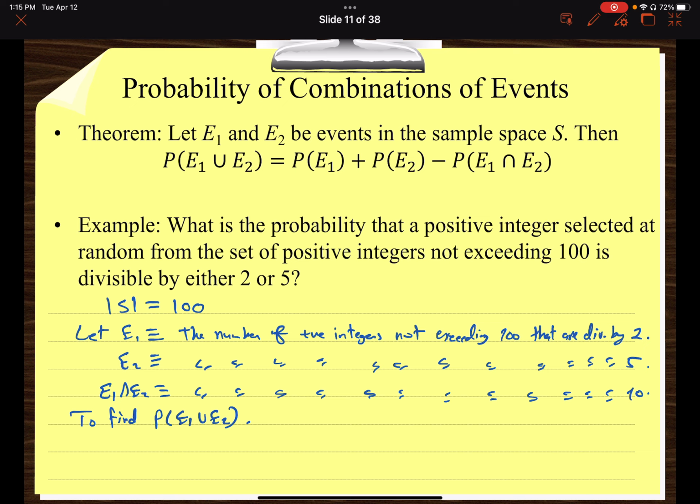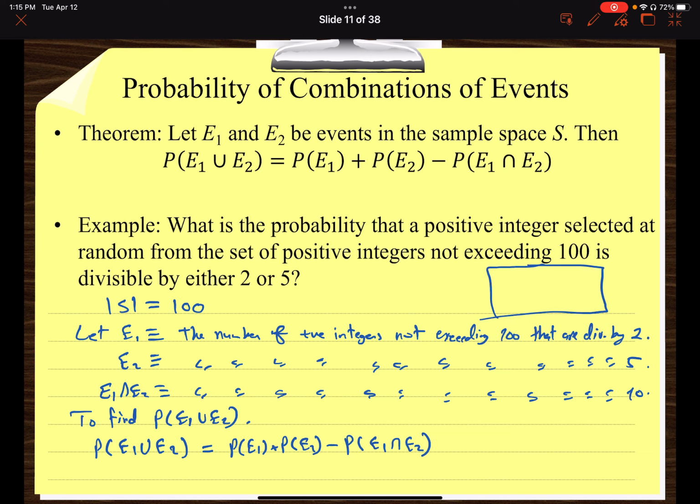So let's apply the theorem. The probability of E1 union E2 is equal to the probability of E1 plus the probability of E2 minus the probability of E1 intersection E2, right? Let's write them here. What is the size of E1?